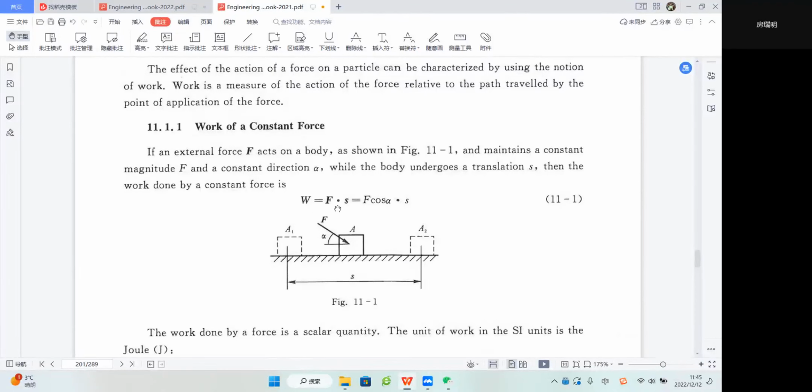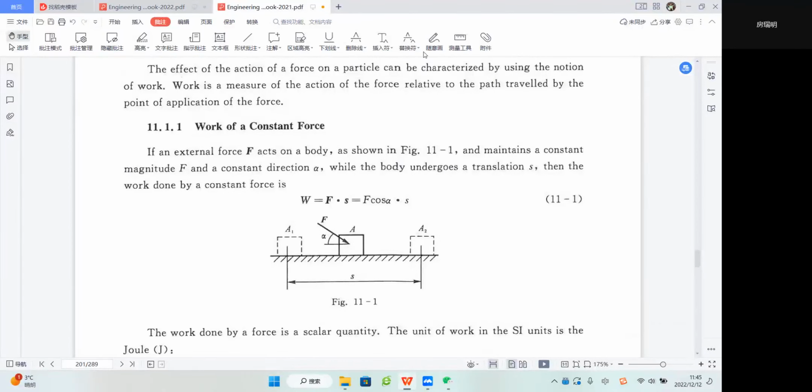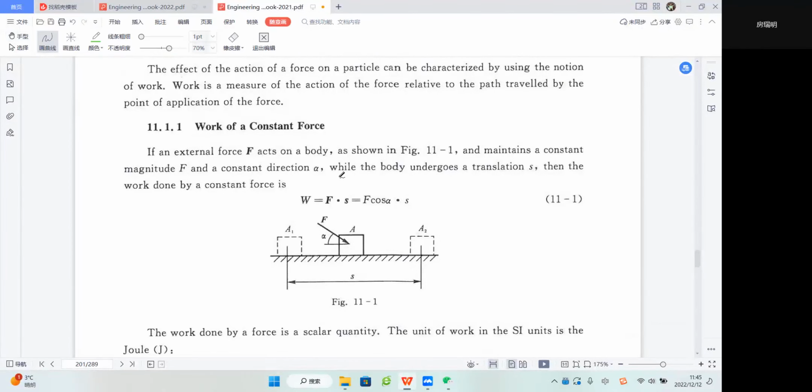Then the work done by the force F, W equals F dot product S. Because here we use bold letters to show vectors, when we write, W is not a vector, but F and S we can write as W equals F vector dot product S vector.